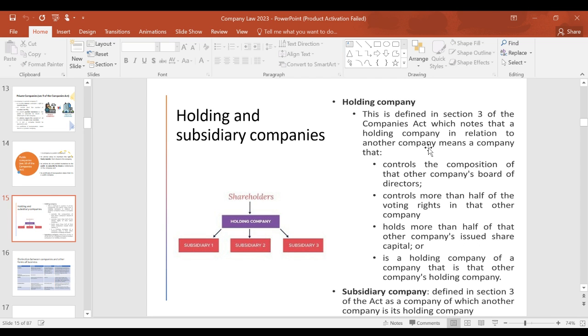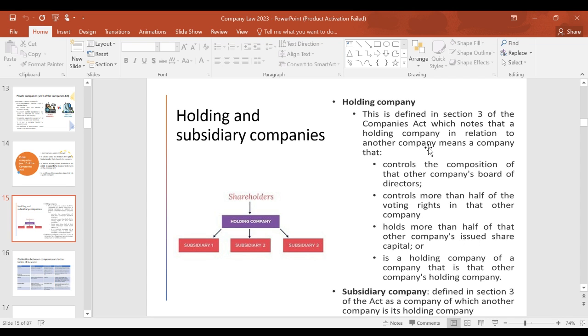Of course, some subsidiaries may be wholly owned subsidiaries by the holding company, or they may be partly owned by the holding company and also by another or by themselves as subsidiary companies. In the event that it's more than half owned in terms of the share capital, then the holding company will only have the majority voting stake.